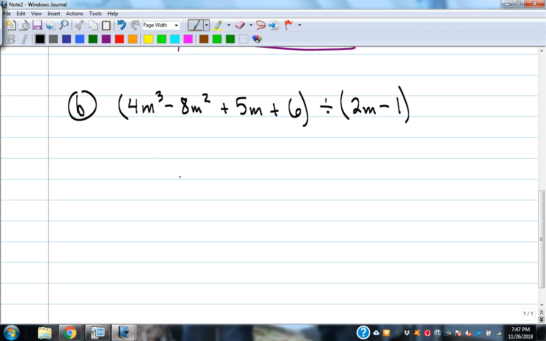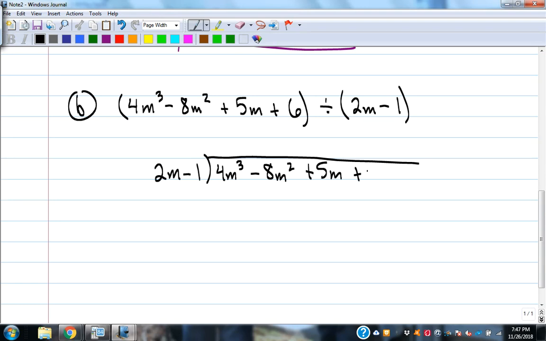So I'm going to put the 2m minus 1 on the outside of the division symbol. And then make sure you're in the right order and you've got a representative from everybody. So I've got 4m to the third minus 8m squared, I've got a 5m and I've got a plus 6. So I did not have to put a 0 in the place of anybody that was missing.